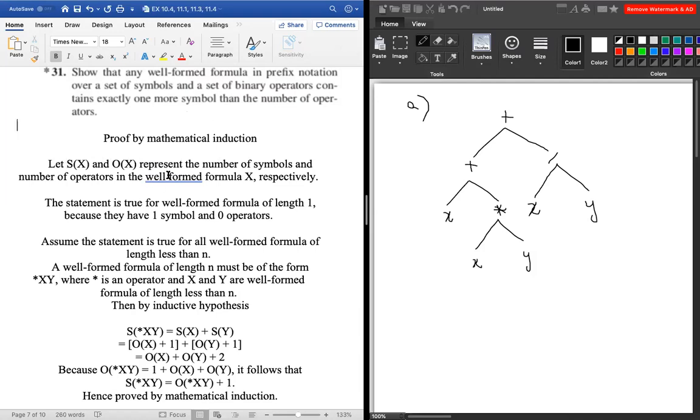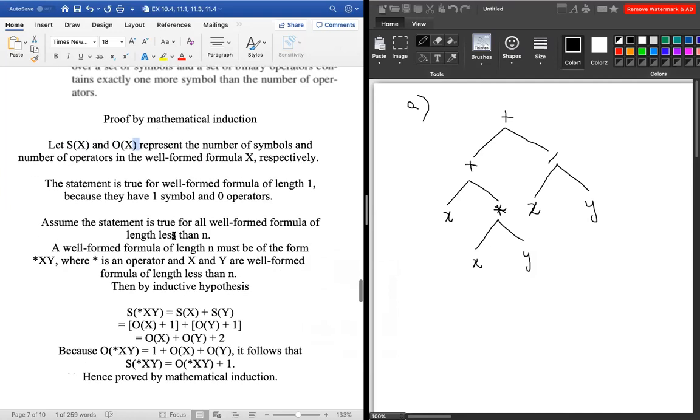Just like any other proof by mathematical induction, we assume some functions which represent something helpful in the proof. So we have S of x and O of x. S of x represents the number of symbols in the well-formed formula x, and O of x represents the number of operators in the well-formed formula x.